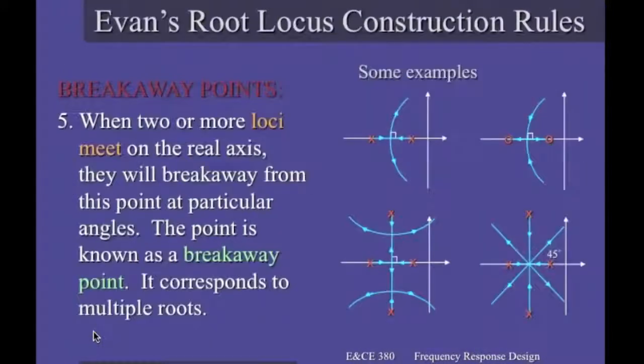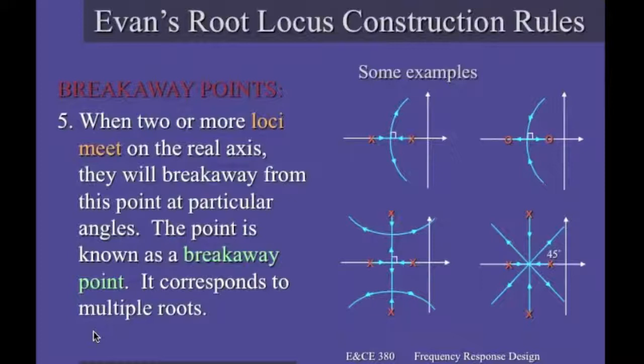So, when we go back here, how many loci do we have emerging from the breakaway point? And here, how many loci do we have converging into the breakaway point? They are 2.